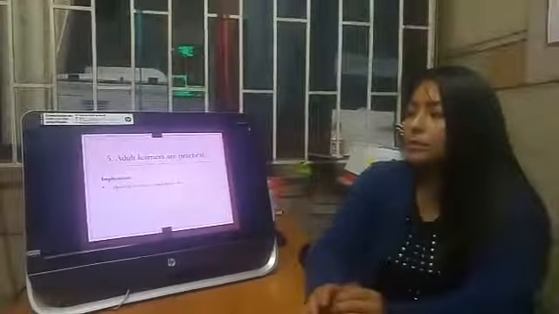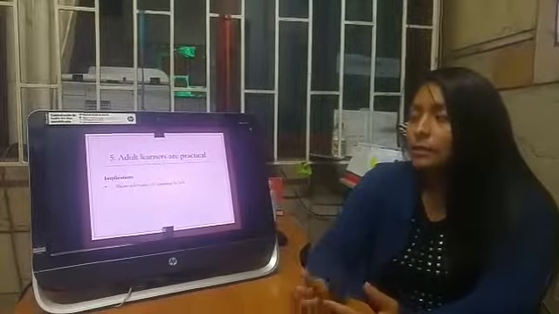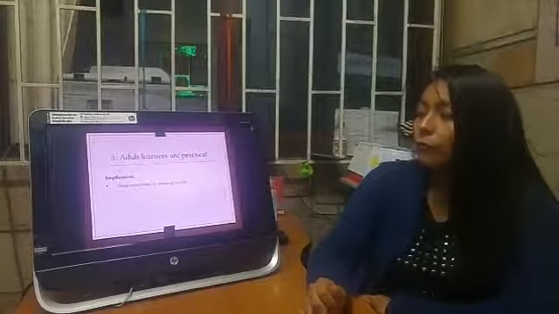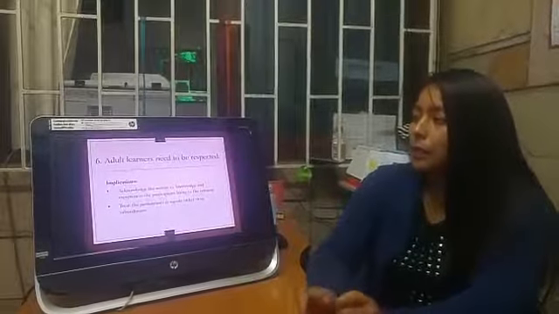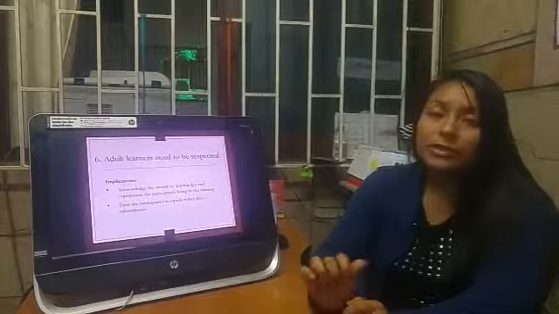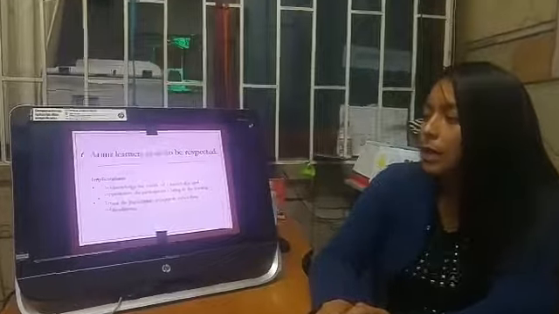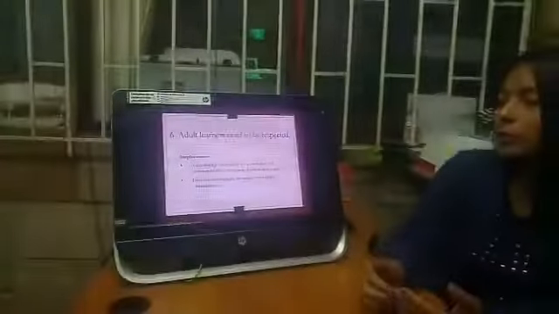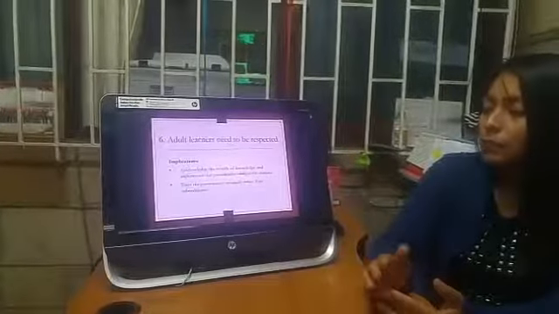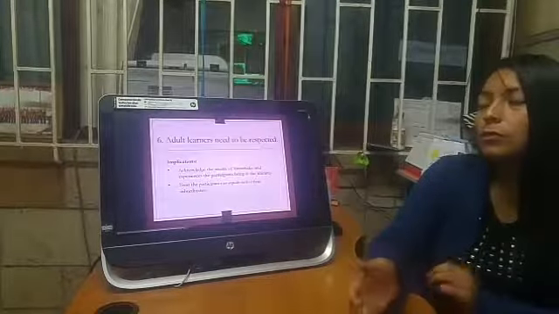Number five, adult learners are practical. The implication is to show the relevance of training to the job. Number six, adult learners need to be respected. The implication is to acknowledge the experience the participants bring to the training. Treat the participants as equals rather than subordinates.